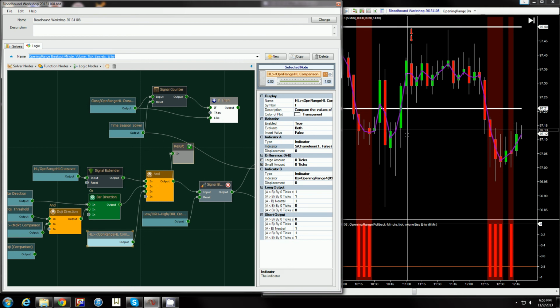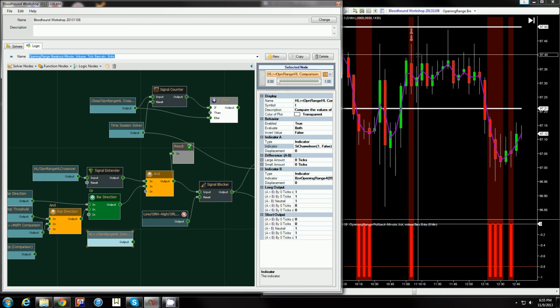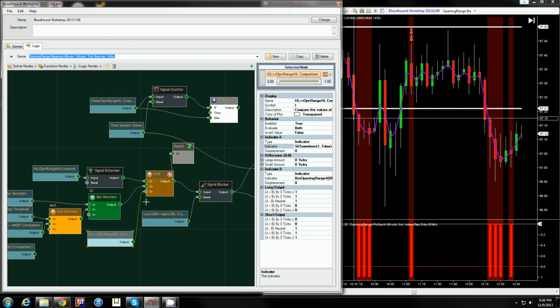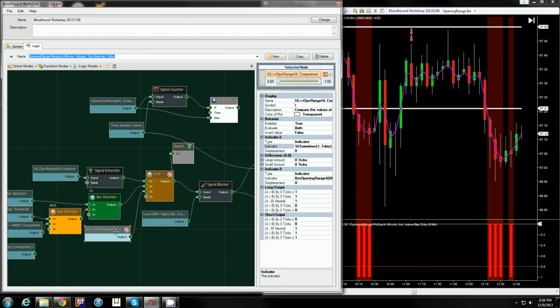So if the low is below the opening range low, allow for a short. If the high is above the opening range high, allow for a long. And if you disconnect that, then it will allow that short. So you can attach that or not attach that.